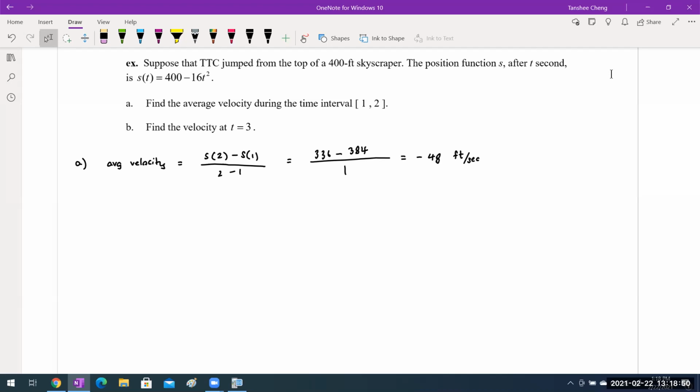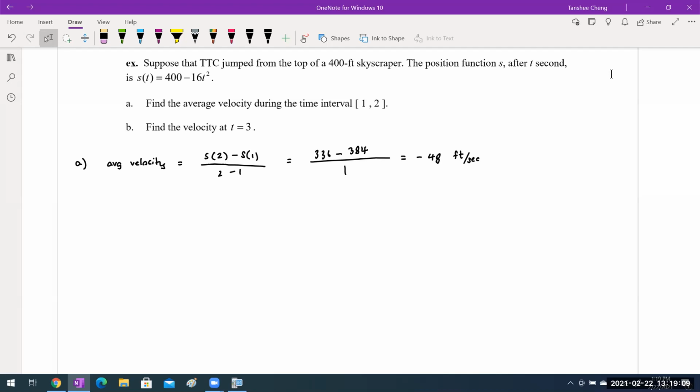So average velocity is change in position divided by change in time. So change in position is S of 2, at 2 seconds, minus S of 1 second, divided by the change in time, which is 2 minus 1.